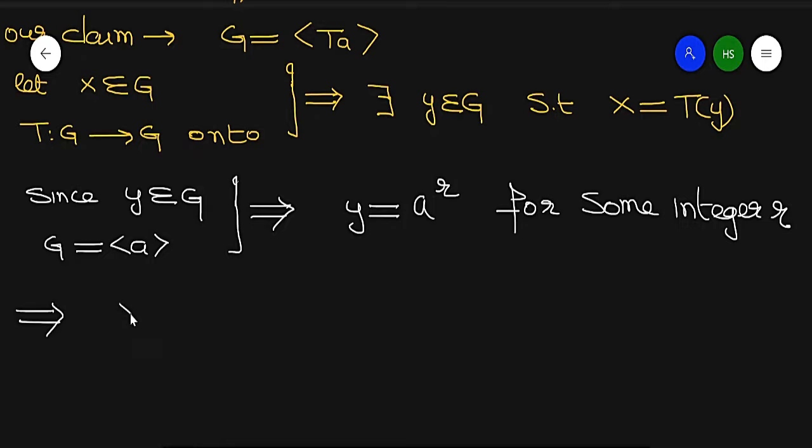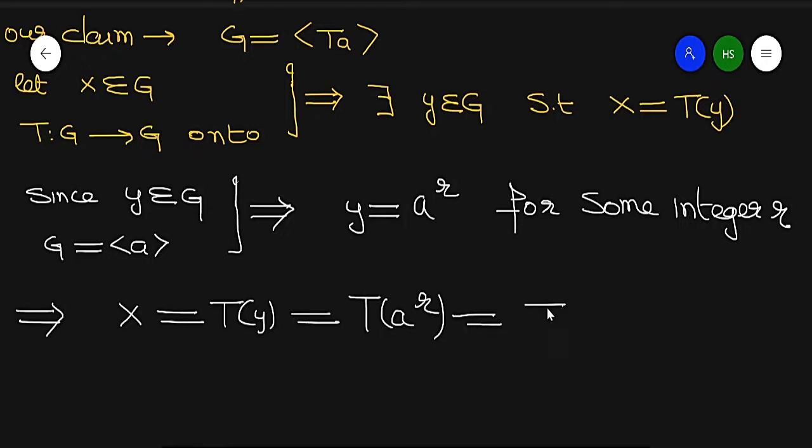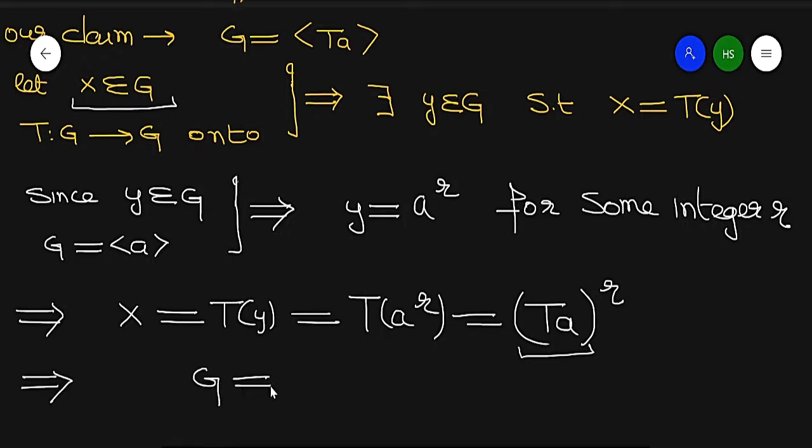X is equal to T of Y. Now substitute the value of Y, so this is T of A raised to power R. Now T is a homomorphism, so this can be written as T of A, raised to power R. So any member of G can be written in the form of T(A) raised to power R. So it implies G is also generated by T(A).